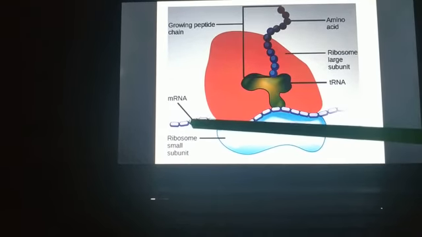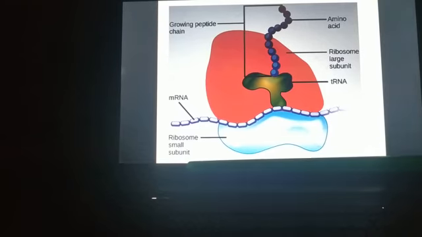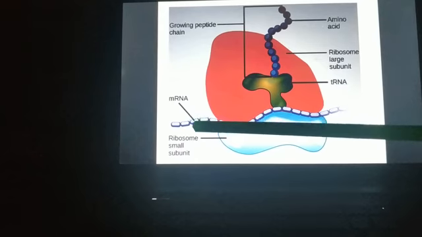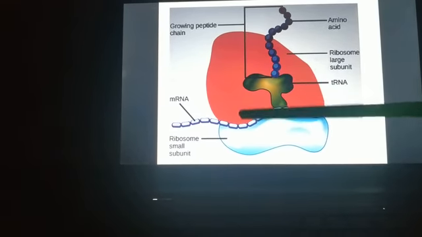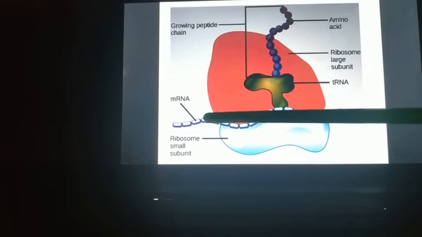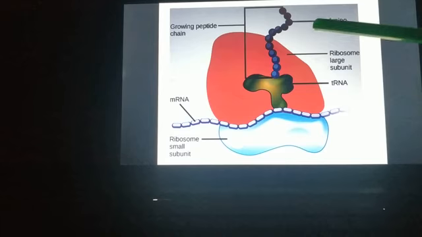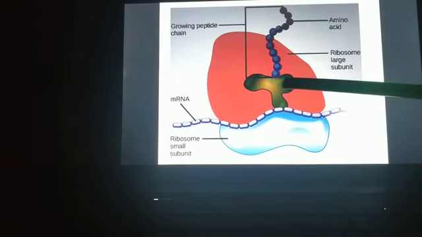It contains the code. This message is read by the ribosome. One more RNA is there, that is tRNA. tRNA will pick up the amino acid.